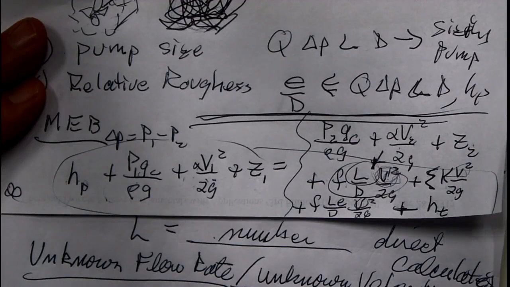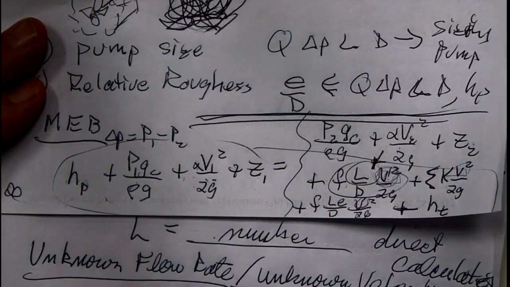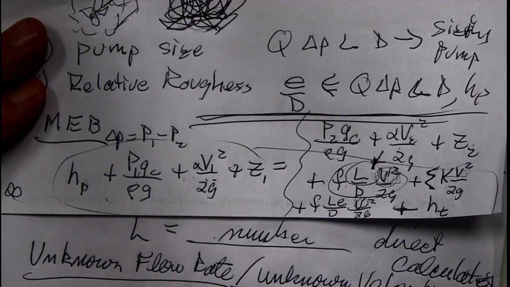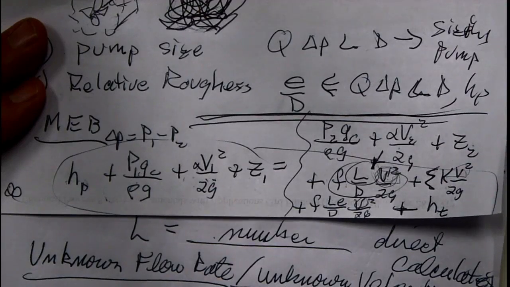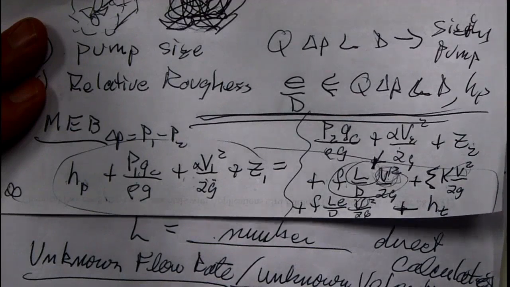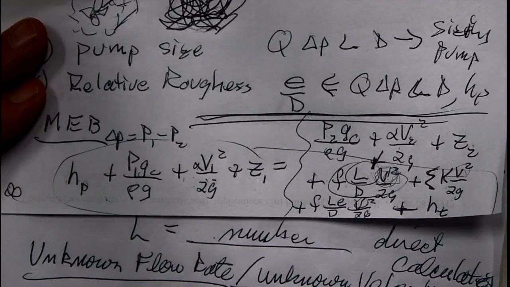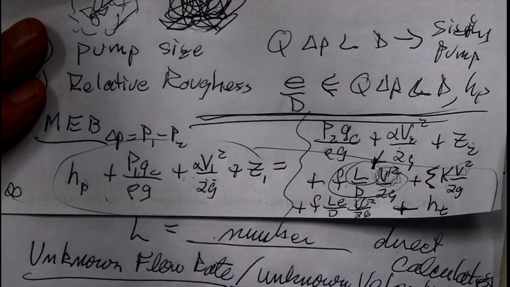So the mechanical energy balance reduces down to velocity as a function of some numbers up here divided by F. F is the famous friction factor, right? So we don't know that.